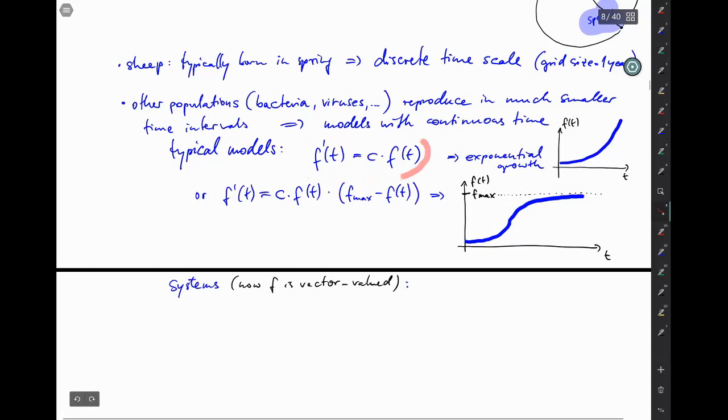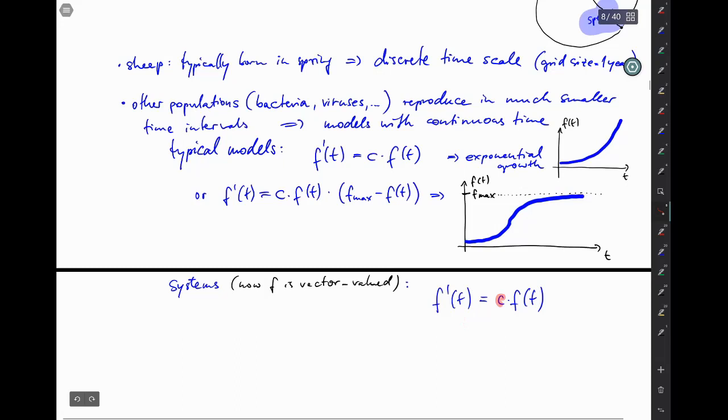And a typical model is just like this here. The derivative is in some sense proportional to the current size. But now f of t is a vector, and then f dash of t means every component of that vector as a function of t is differentiated by t, which gives you another vector with also the same number of components. So it's a lot more appropriate and gives you a lot more room for models to not take a constant scalar value c here, but instead a matrix.